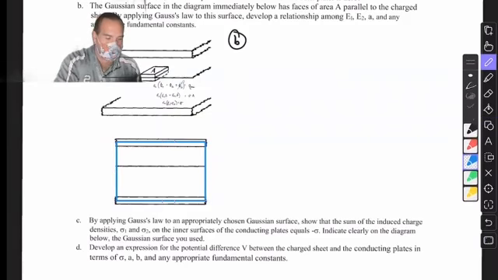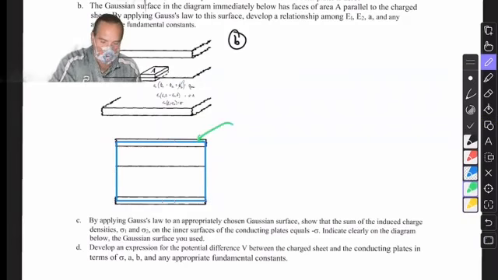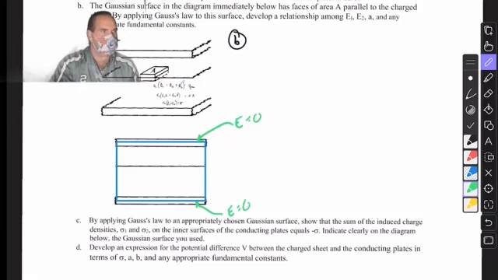Because effectively, the electric field here has to be 0. The electric field here has to be 0. I'm inside conductors. And the electric field, the dot product on the sides has to yield a flux of 0 on both of these, which gives me a net flux of 0.